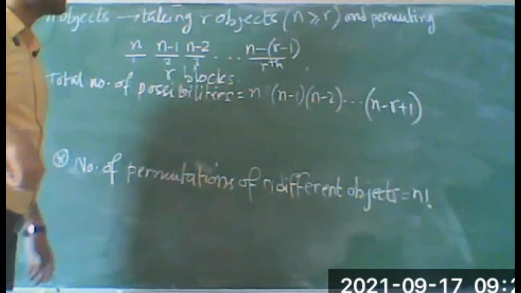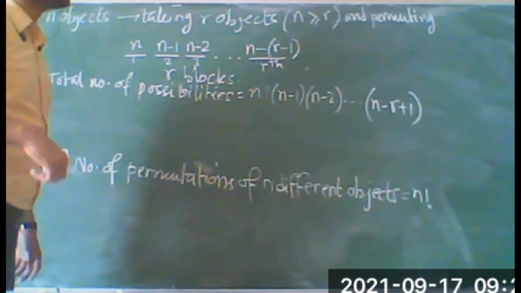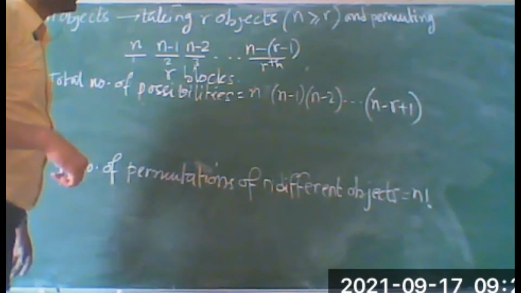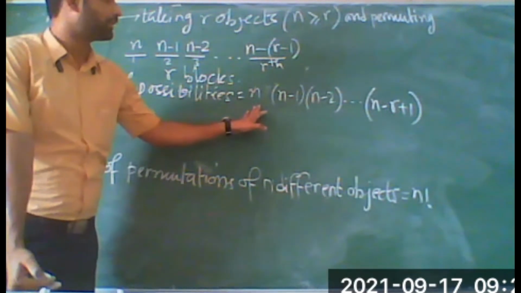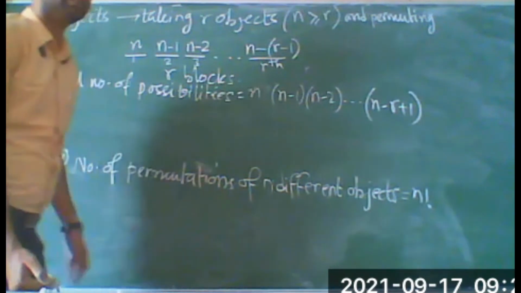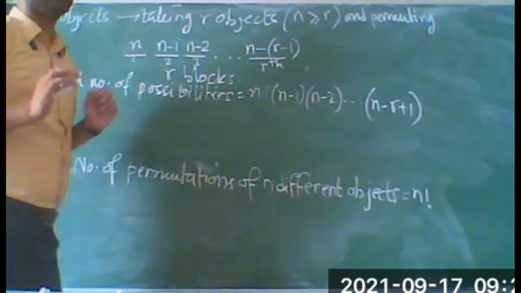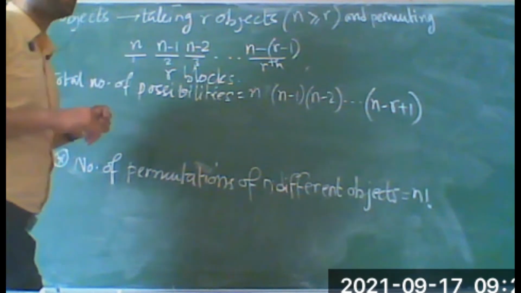Is it okay? N minus 1, N minus 2, up to N minus R plus 1. Now, this is a very complicated expression. It's a product of this many quantities. So we try to express it with N and R only. There will be only N and R in the expression.